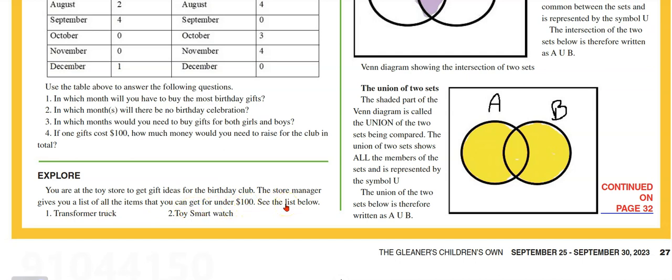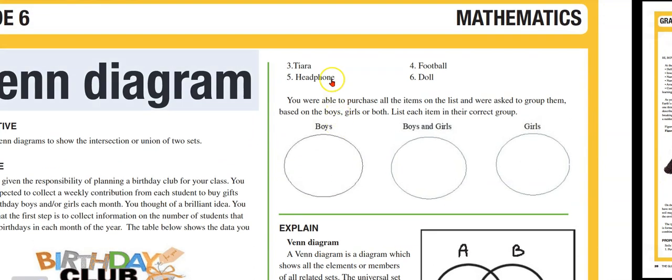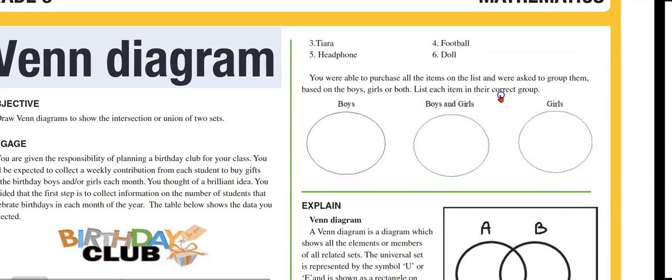You see the list below: transformer truck, toy watch, tiara, headphone, football, doll. You were able to purchase all the items on the list and were asked to group them based on boys, girls, or both. List each item in the correct group. Boys.